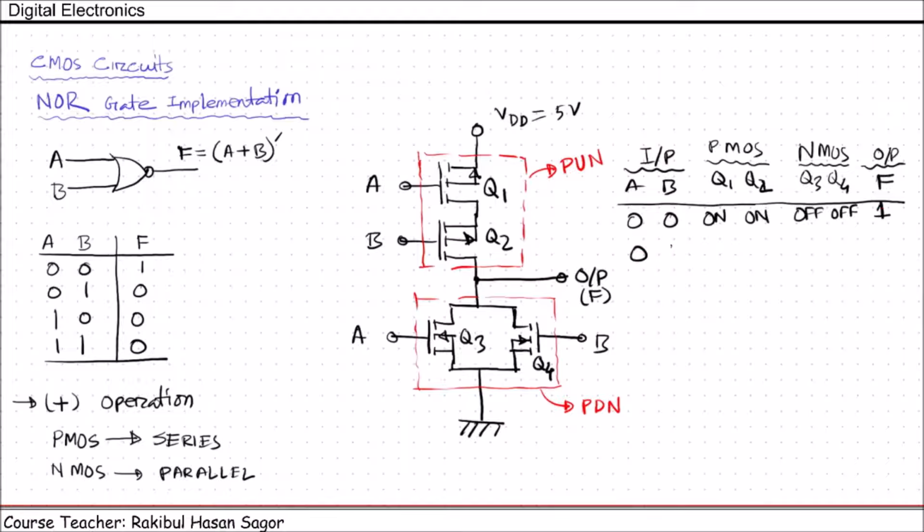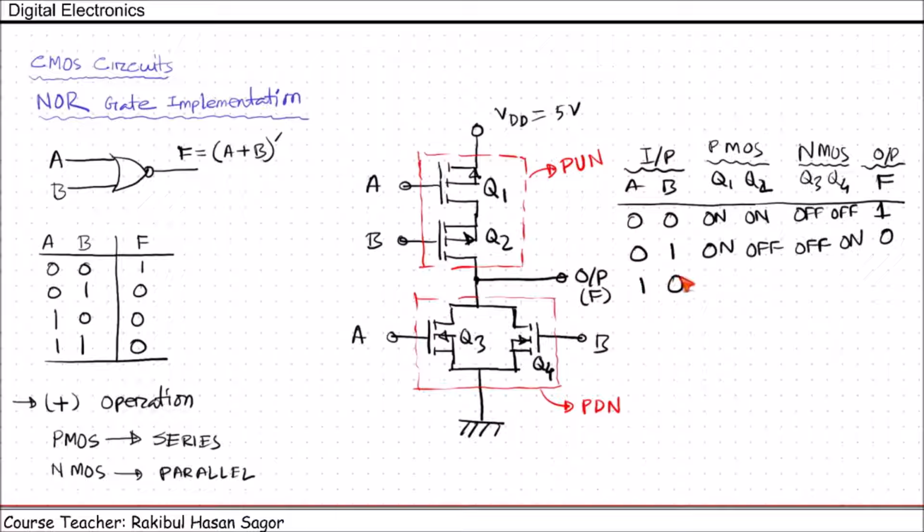Now for 0, 1, what will happen? Q1 will be on, but Q2 will be off. As Q2 is off, that means this output is not connected with VDD. Then Q3 will be off, and Q4, as it is having 1, will be on. So the output will be connected with the ground through Q4. So the output will be 0 because the ground voltage is 0.